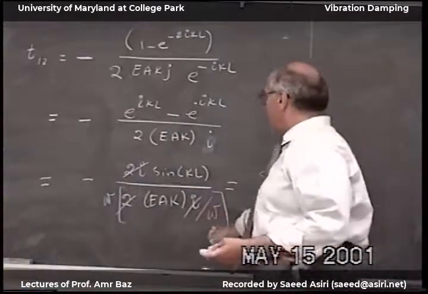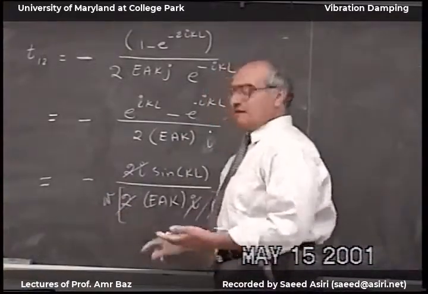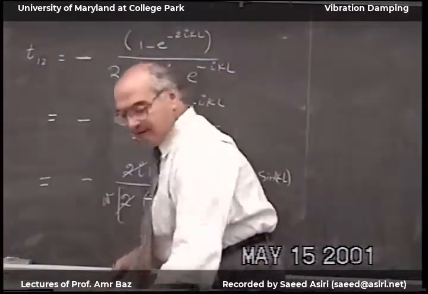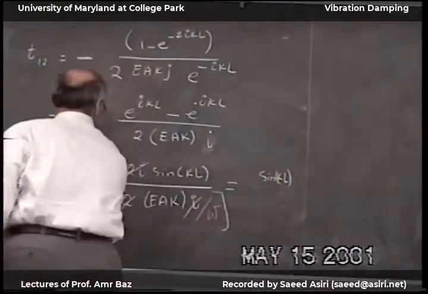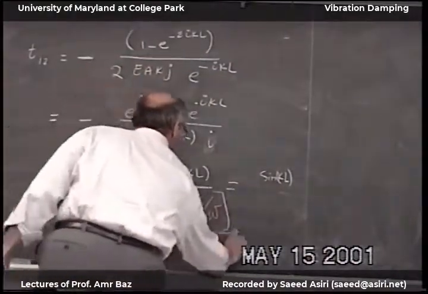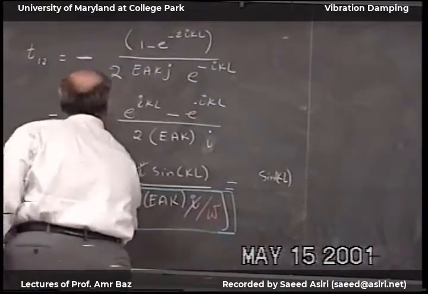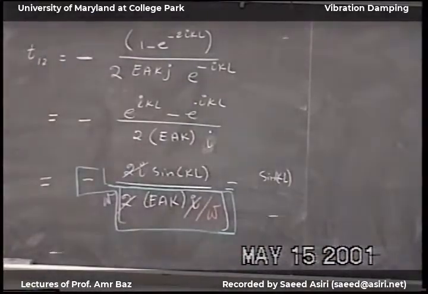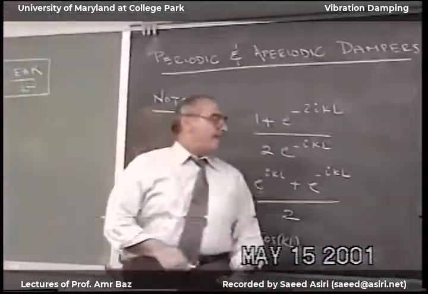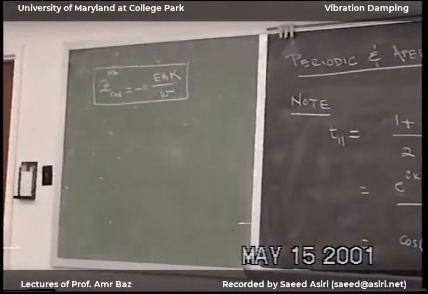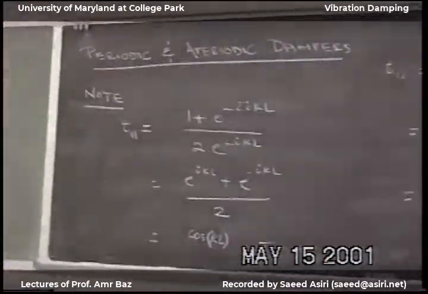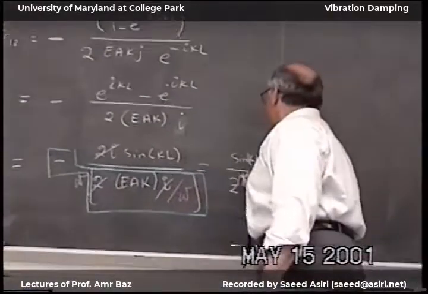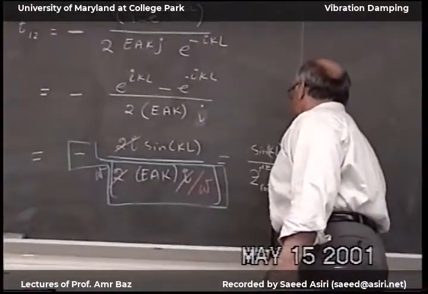I'll divide by omega and multiply by omega. Why? This is this term. So this will equal to Z mechanical rod times omega.